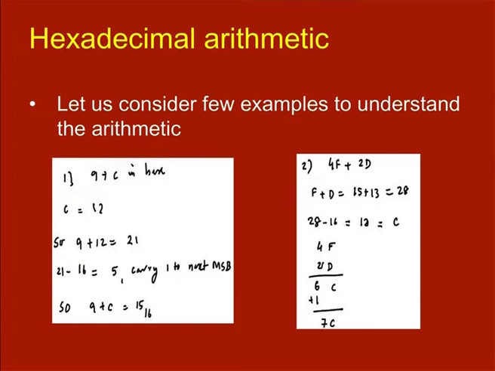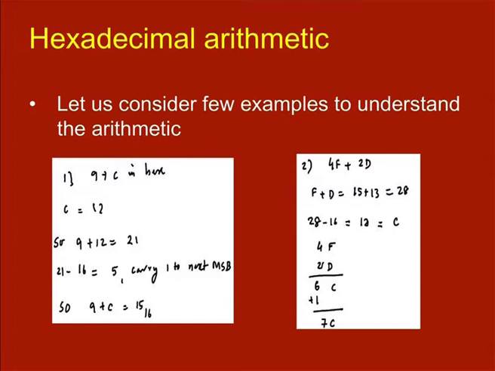If we deduct 16 from 21, we get 5. So, carry 1 to the next MSB. So, now 9 plus C will be equal to 15, because 9 plus 5 will be 14, and there is another carry 1 which will be added to give rise to 15.